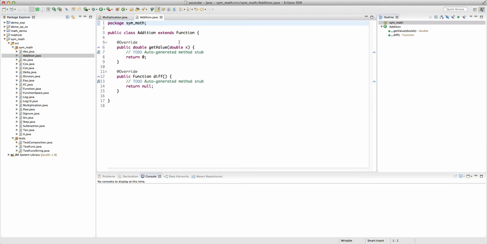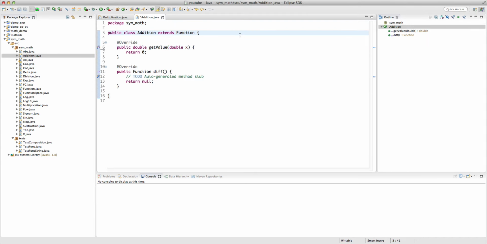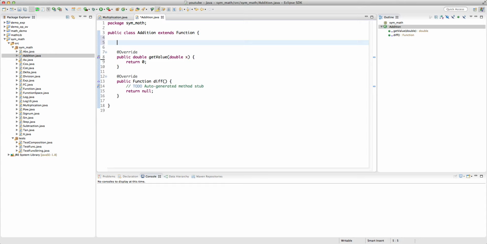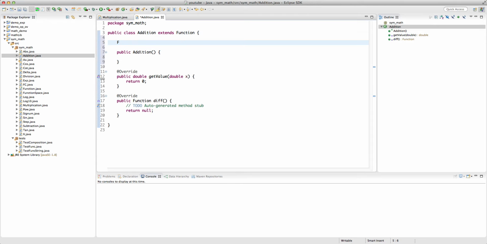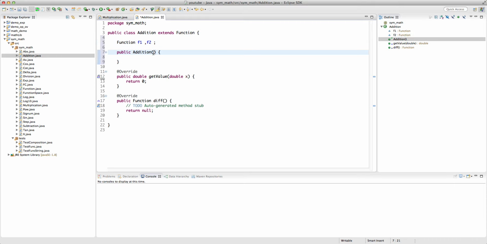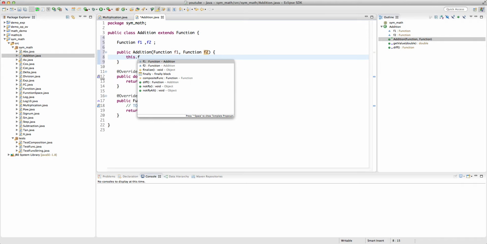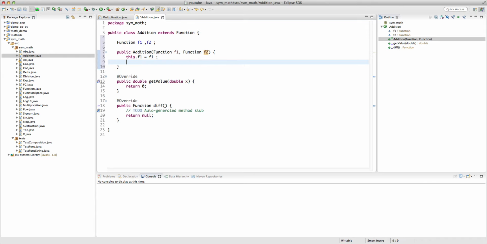Basically, addition implements the addition of two functions and returns a function. So if we have function f1 and function f2, here this.f1 equals f1, this.f2 equals f2.